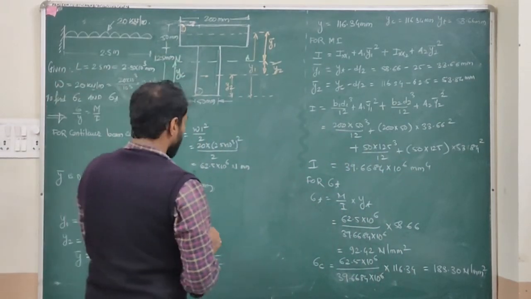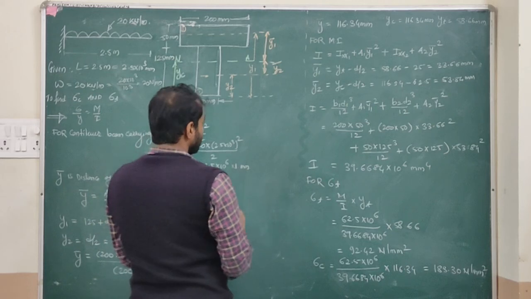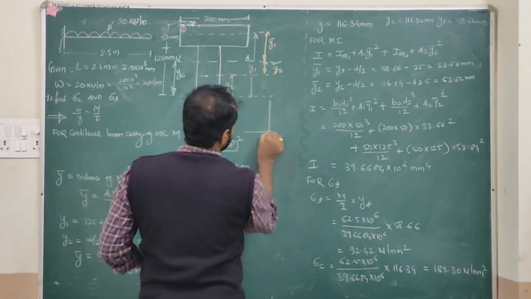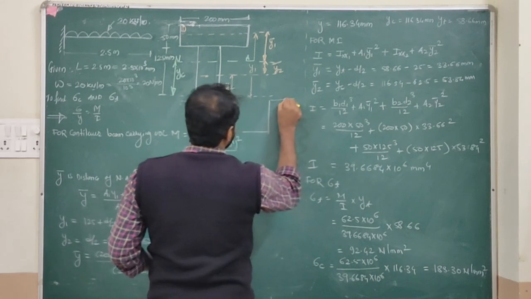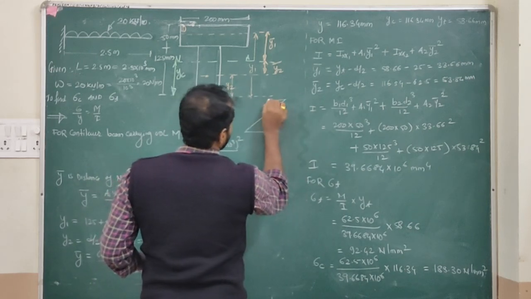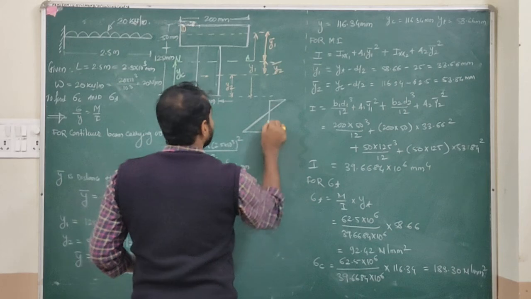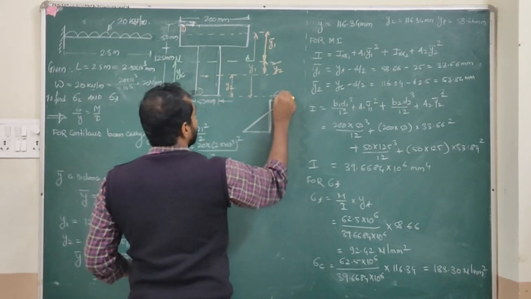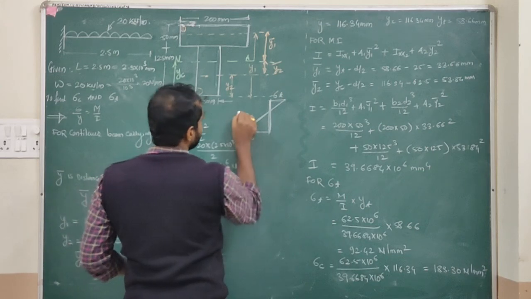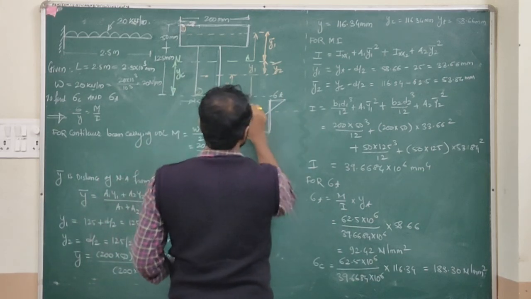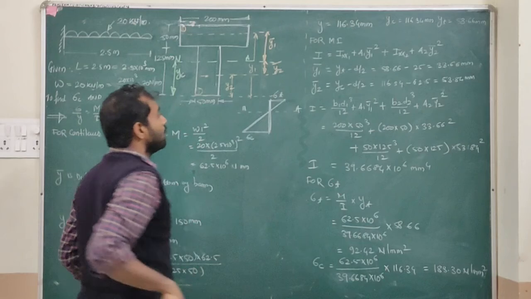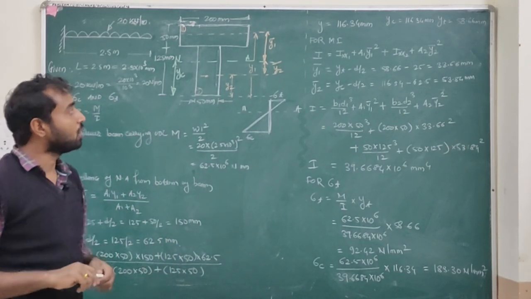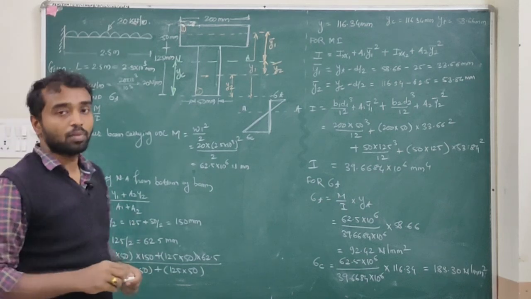Now if you draw the stress distribution, this is sigma t and this is sigma c, and this is the neutral axis. So this is how we have solved the numerical for a T-beam.